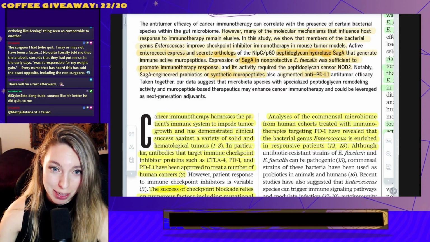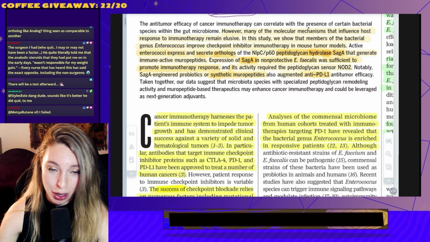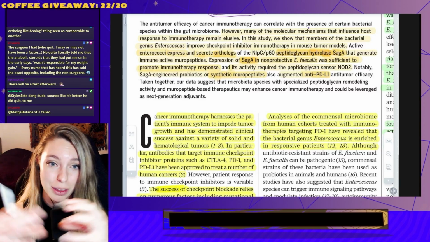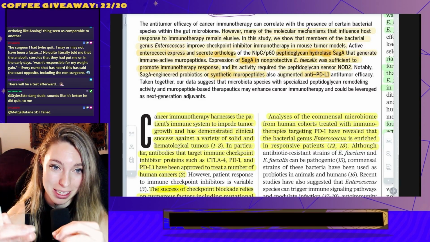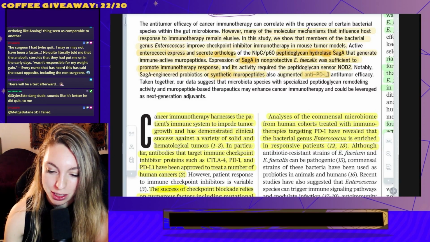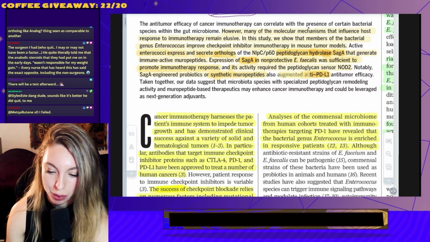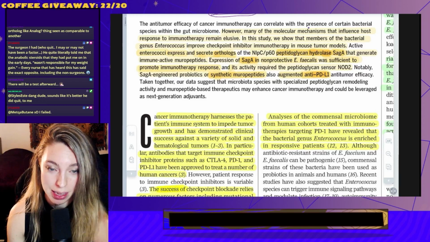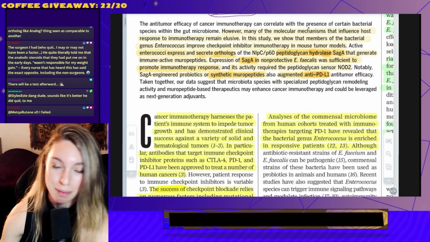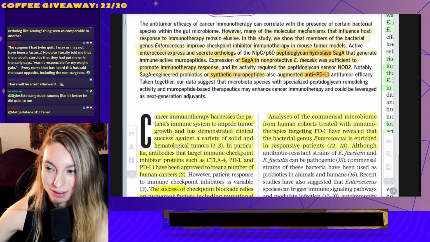When you guys see anti-PD-L1, just think of it as the immunotherapy. It's the antibody that's blocking the regulatory receptors on the T cells, making the T cells better killers. So this is the therapy they're using. And then they're also adding these little peptides that bind to NOD2 on other immune cells, that then make the T cells better at killing.